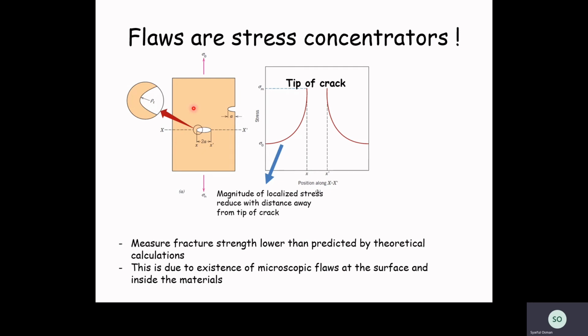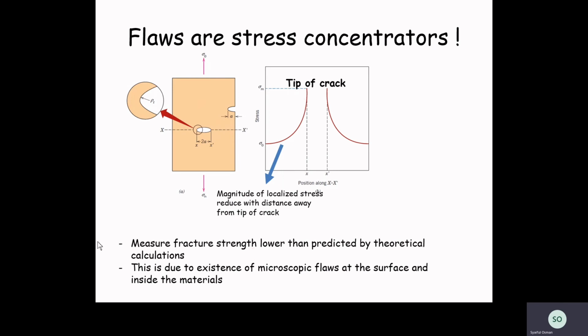And this difference is explained by the presence of microscopic flaws or cracks that always exist under normal conditions at the surface and within the interior of a body of material. These flaws can reduce the fracture strength because an applied stress may be amplified or concentrated at the tip. The magnitude of this amplification depends on crack orientation and geometry.